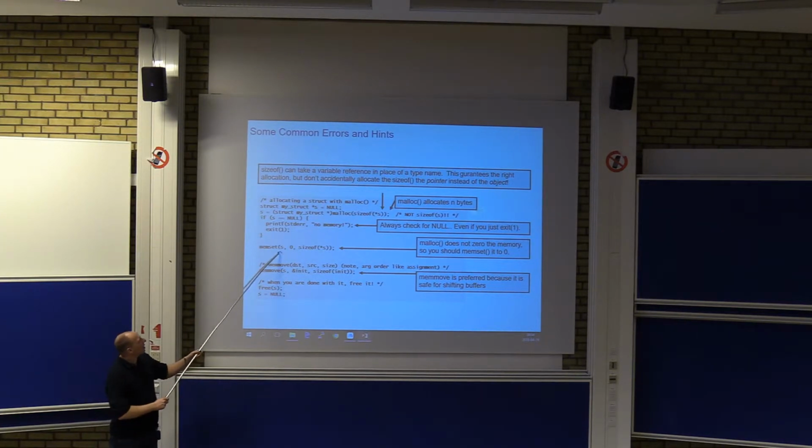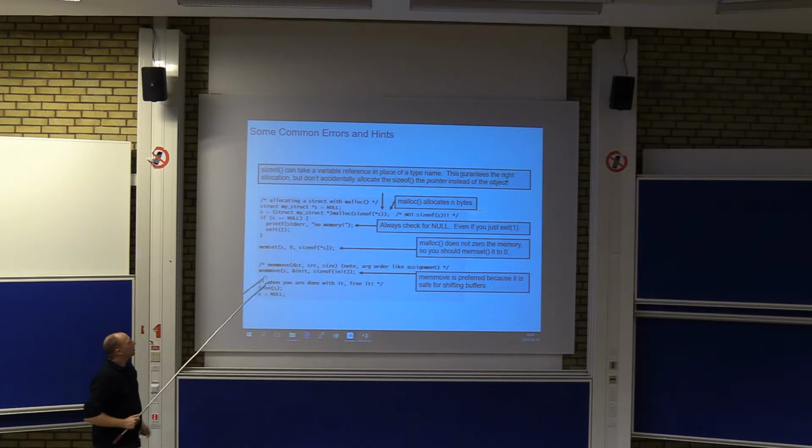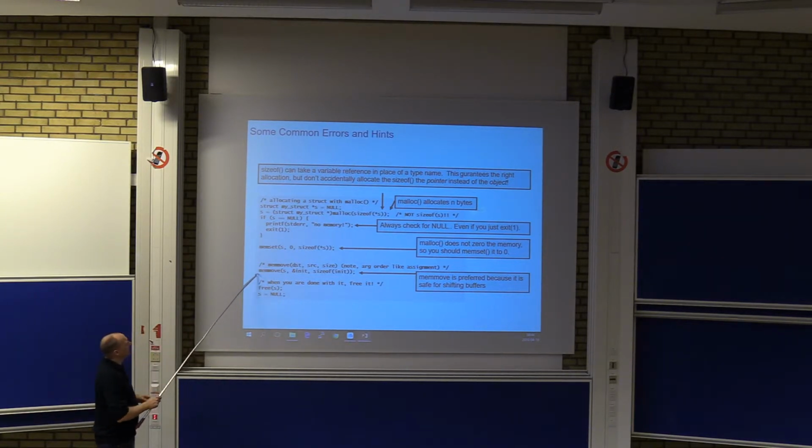You send in the pointer, the value you should set it to, and then the number of bytes that you should set. You can also copy memory between two different objects that are dynamically allocated, and there is a memmove function for that.